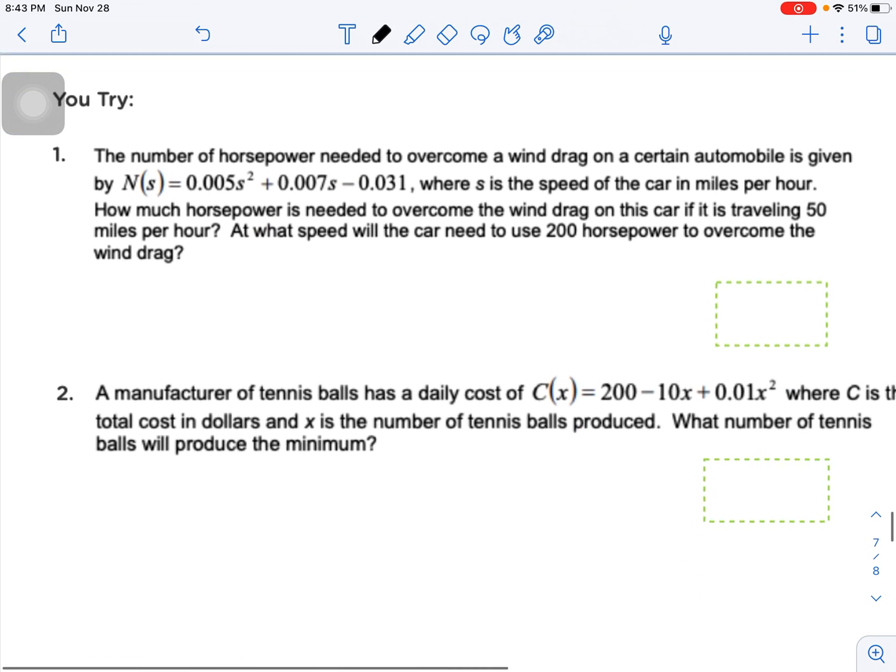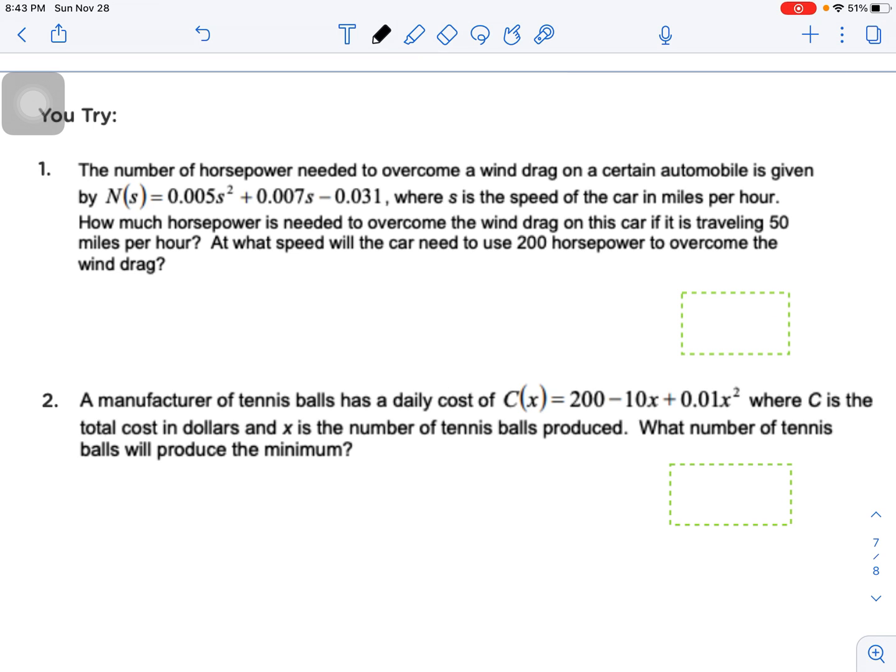Okay, so let's try these two. The number of horsepower needed to overcome a wind drag on a certain automobile is given by this. Our equation's already in standard form. The first question is, how much horsepower is needed to overcome the wind drag on this car if it is traveling 50 miles per hour? So 50 is speed.